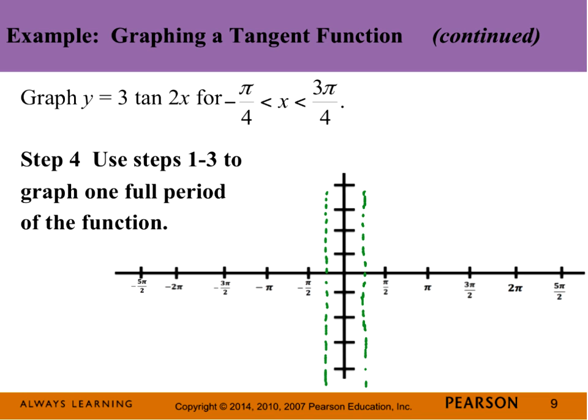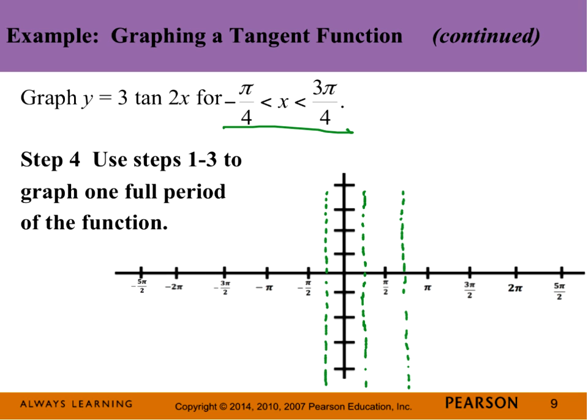And then I also have them at 3 pi over 4, because that's pi over 2 further down the line. And I could continue doing this in both directions if I wanted to, but we'll just show the 2 periods that they've asked for here, the 2 cycles.